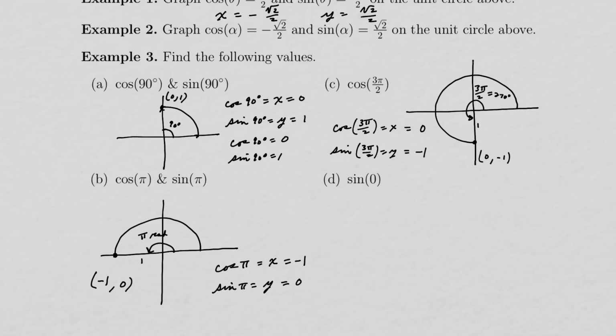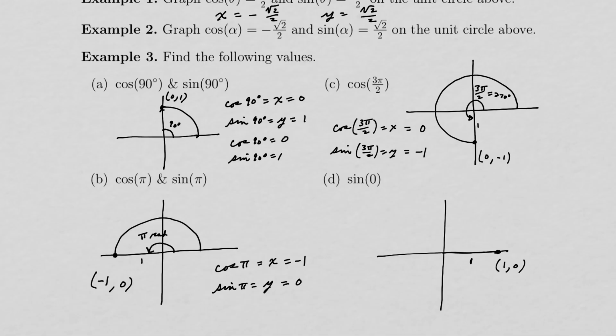And then finally, what about sine of 0 degrees? So 0 degrees means the initial side and terminal side are the same, right? So if this is length 1 again, I haven't really rotated at all, but we're still considering this to be a unit circle, so this is length 1. So this point has coordinates 1, 0.